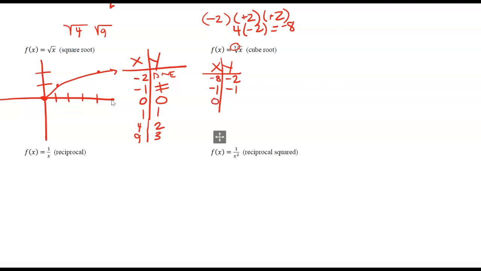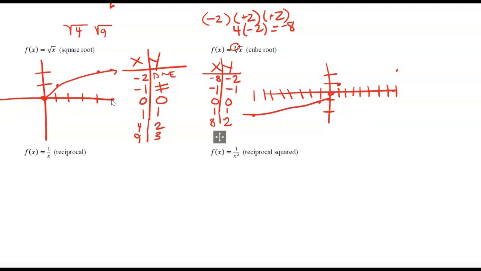Okay, let's look at 0. Cube root of 0 is just 0, and then we'll just use 1 and 8 again. Cube root of 1 is just 1. Cube root of 8 is 2. So if we graph this, so we have -8 is at -2. -1 is at -1, 0, 0, 1, 1, and then 8, 2.